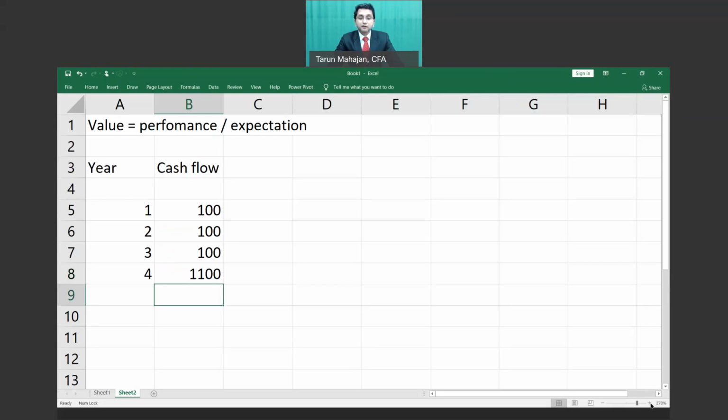And at the end of 4th year, the debenture will actually mature. So besides coupon of 100 rupees, company will also be paying redemption price of 1,000 rupees. So these are the cash flows which are actually outflows for the company, but this amount is actually inflow for the investor.